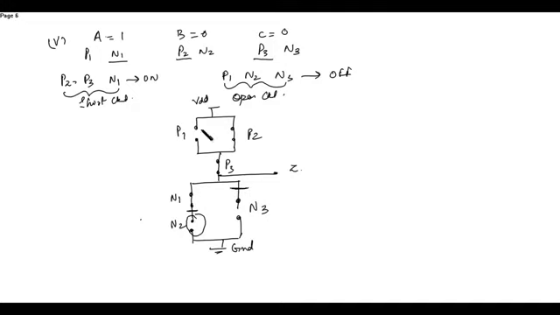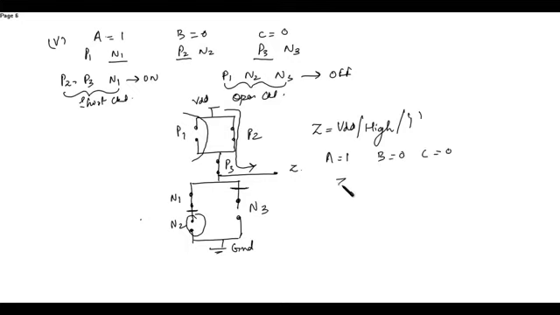Here in the PMOS this is in parallel, so this short circuit, this open circuit will not affect. So here it is short circuited, this is short circuited, so the obtained output will be high voltage. So Z is either VDD, or you can say this as high voltage or 1. So when A is equal to 1, B is equal to 0, C is equal to 0, the obtained output will be 1. Now let's see the next case.